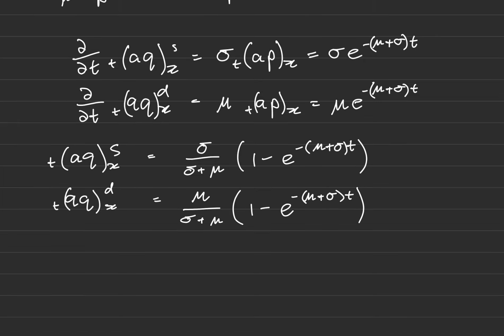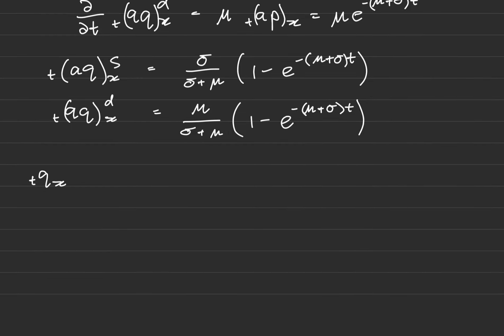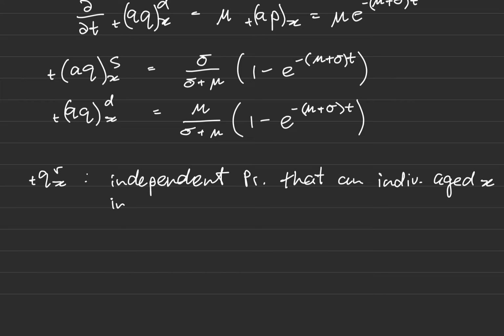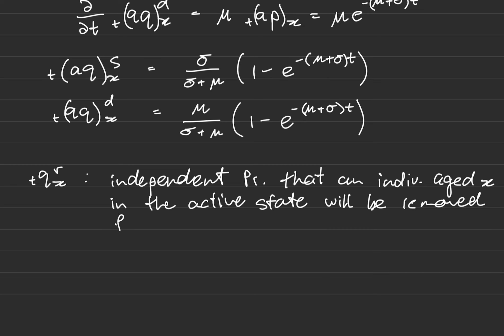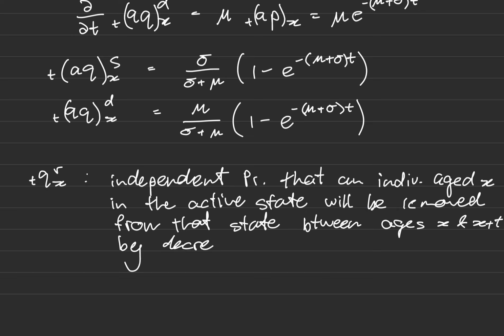Okay, now under single decrement models, tq_x^r, this is the independent probability that an individual aged x in the active state will be removed from that state between ages x and x plus t by decrement r.